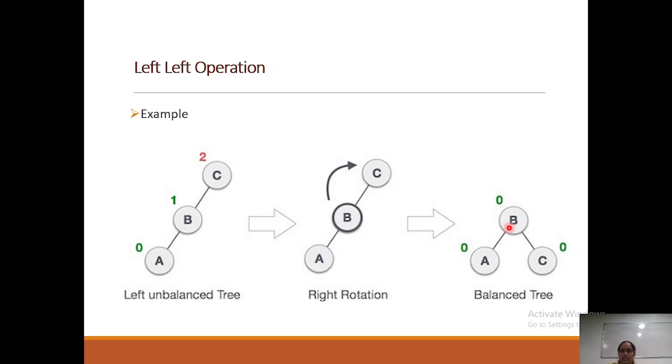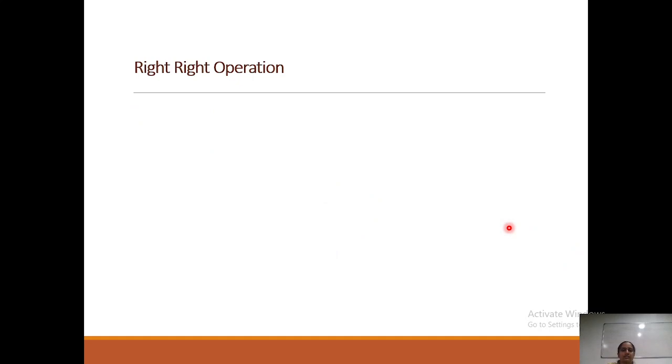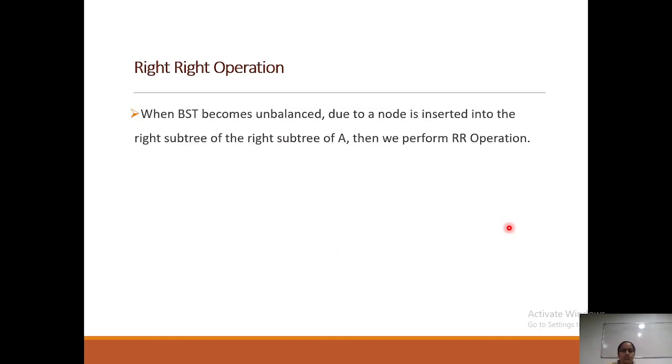Now we'll move further to look at the right-right operation. When a binary search tree becomes unbalanced due to a node inserted into the right subtree of the right subtree, then we perform the RR operation. So right of right, a new node is to be added.